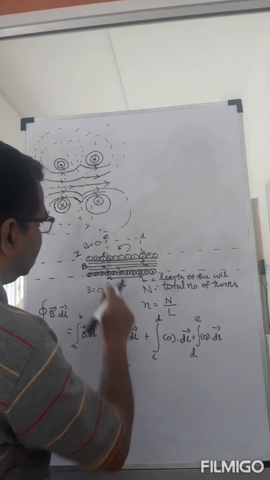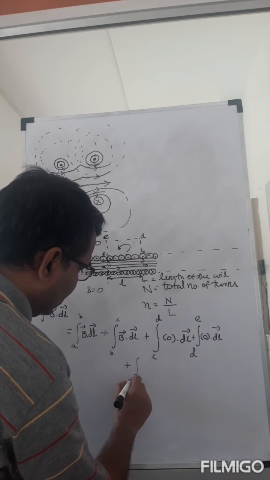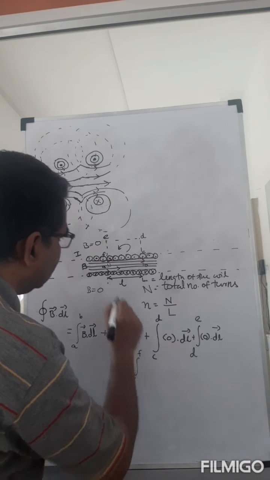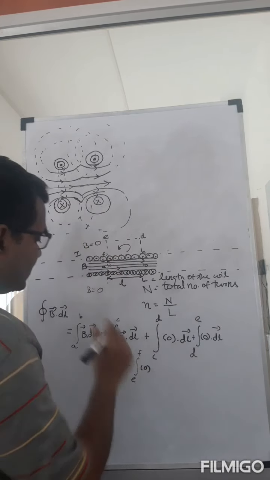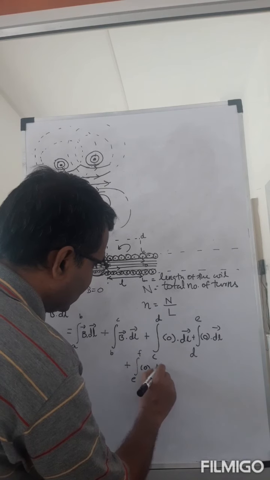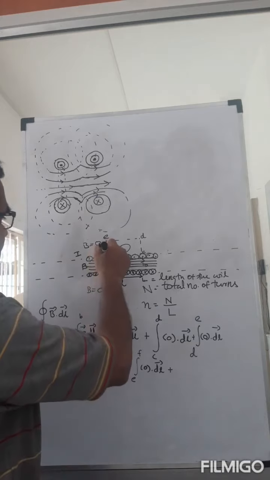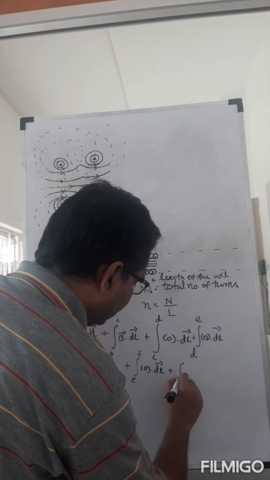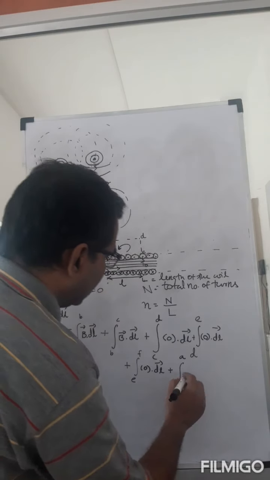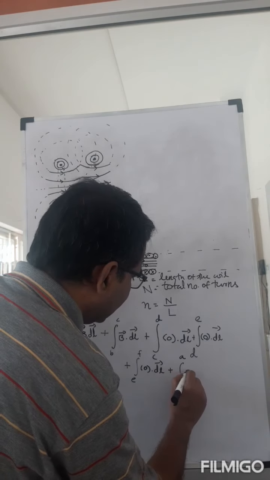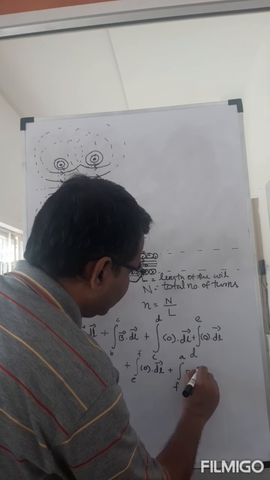And plus E to F. My B is again 0. B outside is 0, dot dl. Plus F to A. Now it closes the path. There I have B dot dl.